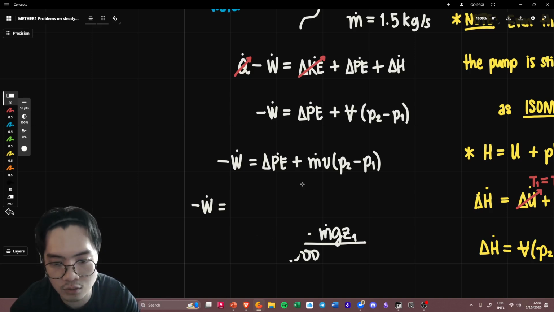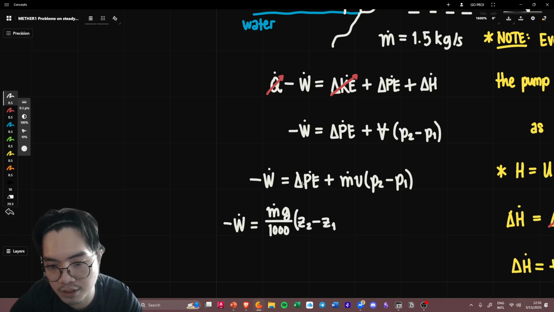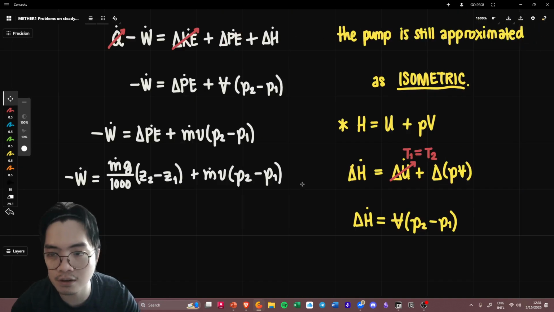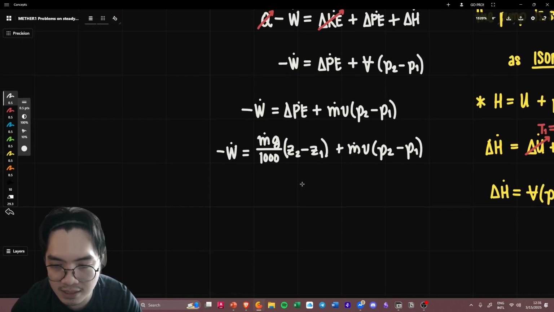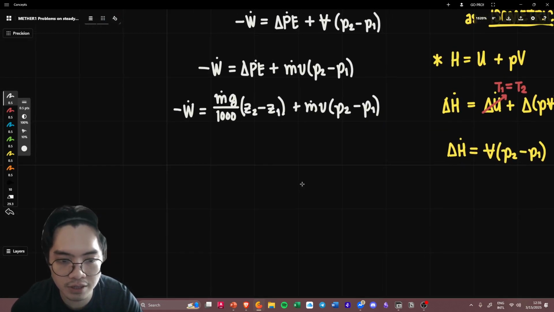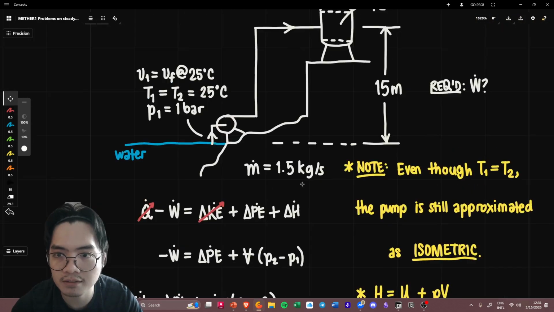So I might as well just remove those and put them into here. m dot g over 1000 times z2 minus z1 plus m dot v p2 minus p1. And now let's fill all of this in. Let's just put it down here. Your negative work is going to be equal to m dot. So your m dot is what again? 1.5.